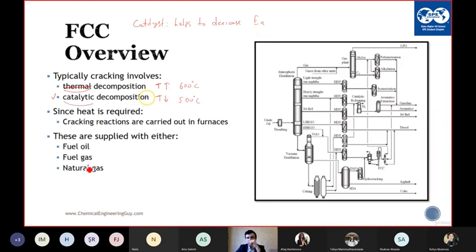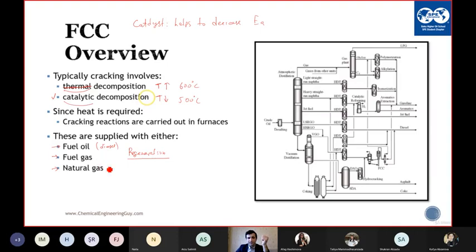And in the regeneration side, we will use one of these few products, let's say, as fuel. It can be fuel oil, kind of diesel, fuel gas, or natural gas.